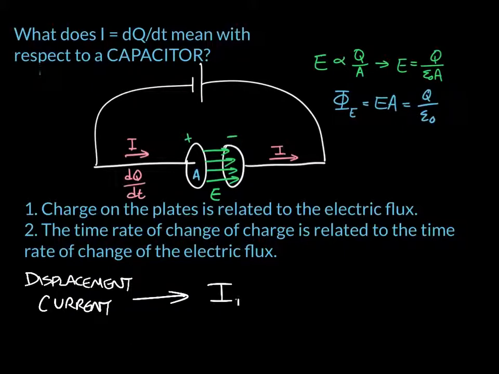He writes it as an I sub d for displacement current, and it's defined as the time rate of change of the electric flux. And hopefully it's becoming more and more sensible that if it's electric flux, it's going to have the electric permittivity constant. If it's a magnetic flux, it'll have the magnetic permeability, et cetera. All right?